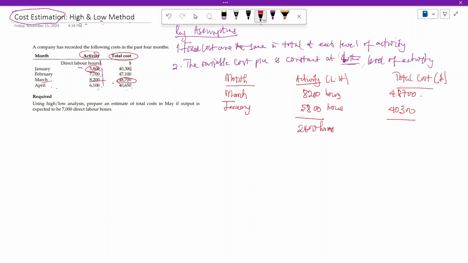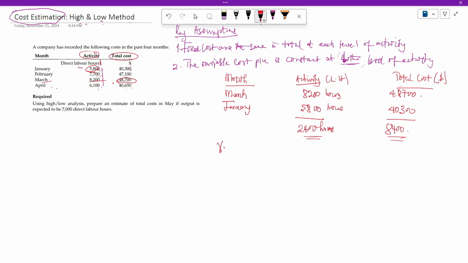This 2,400 hours should also be associated with cost. So we subtract 40,300 from 48,700, and that is going to give us 8,400 US dollars. Now, we divide the 8,400 US dollars by the 2,400 hours.